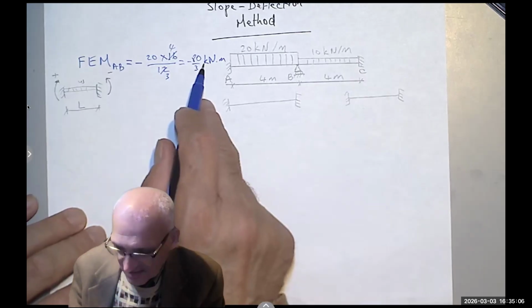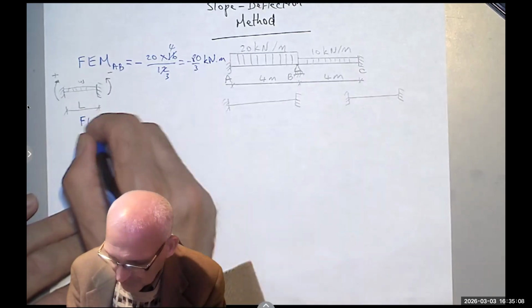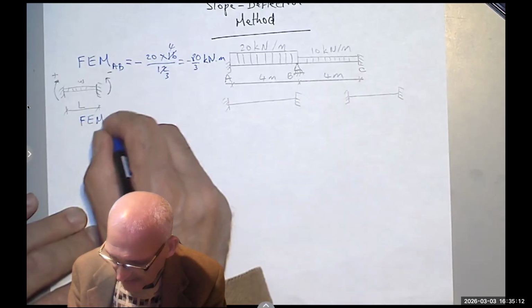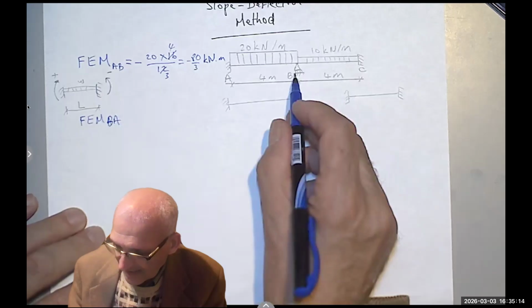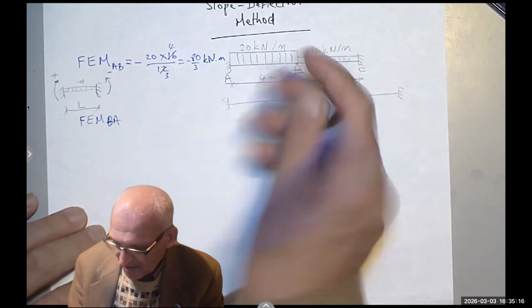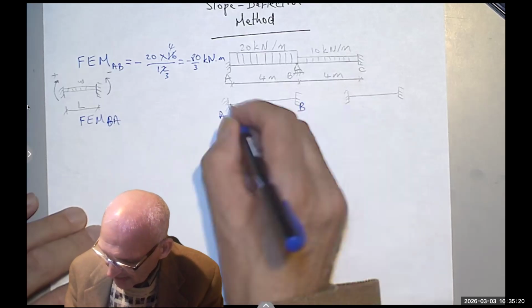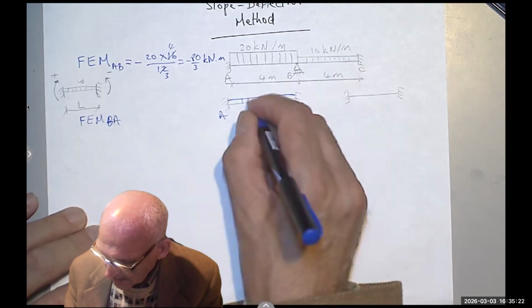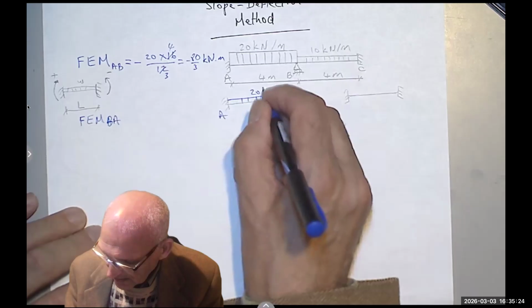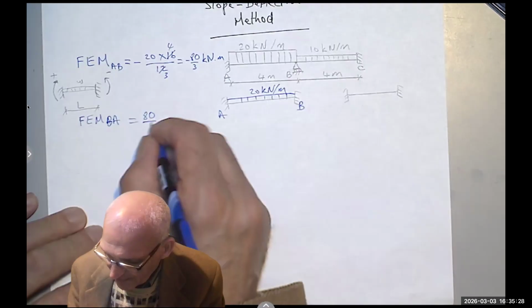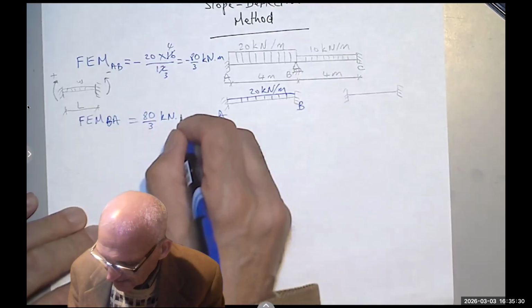The moment here is the same thing, right? Except that it would be positive. So FEM BA, meaning the moment at B in the direction of A, meaning I'm looking at this portion of the beam, would be 80 over 3 kilonewton meter.